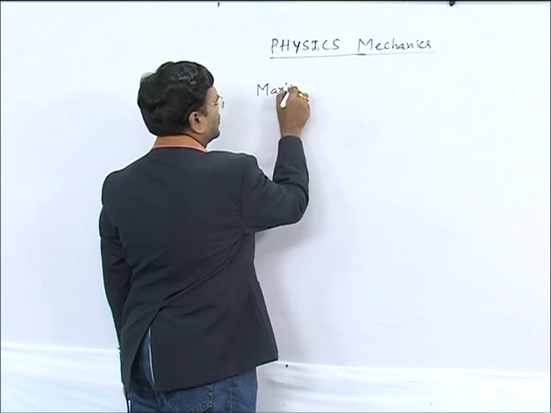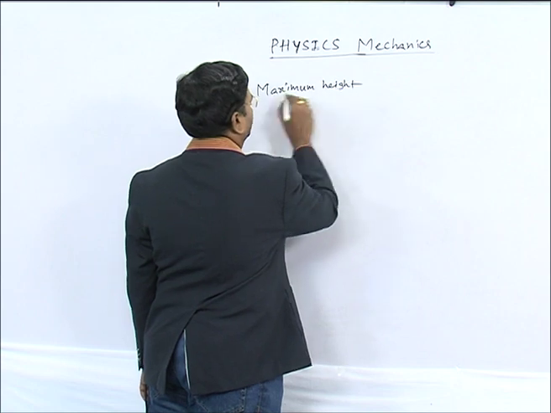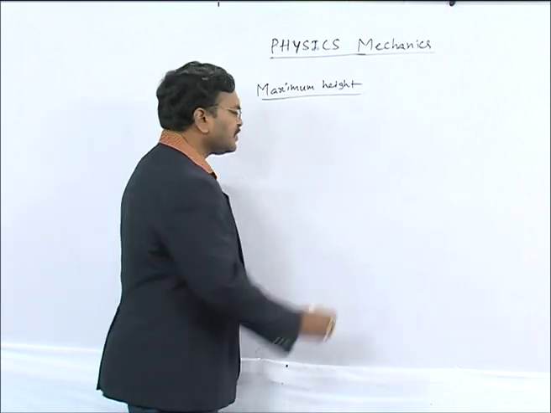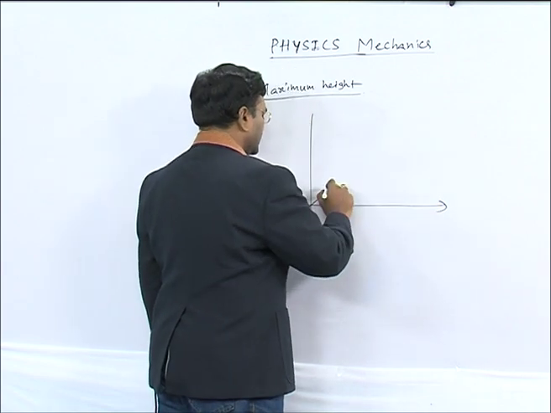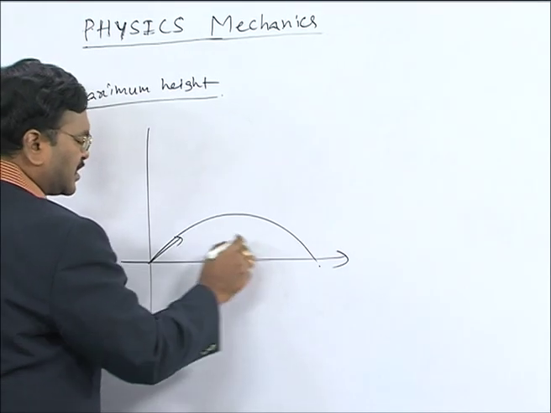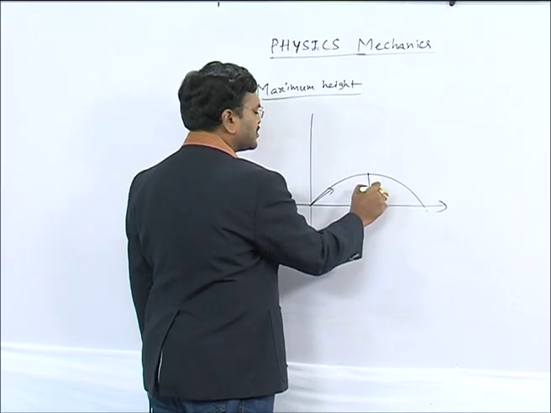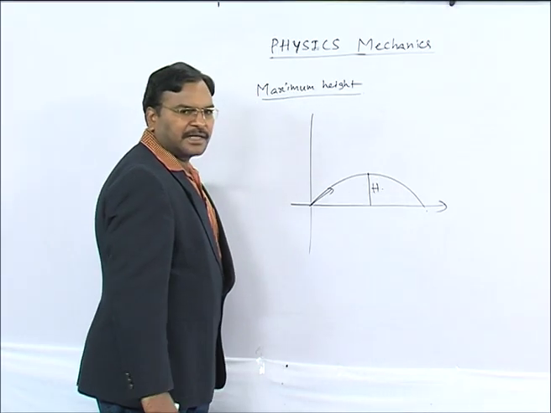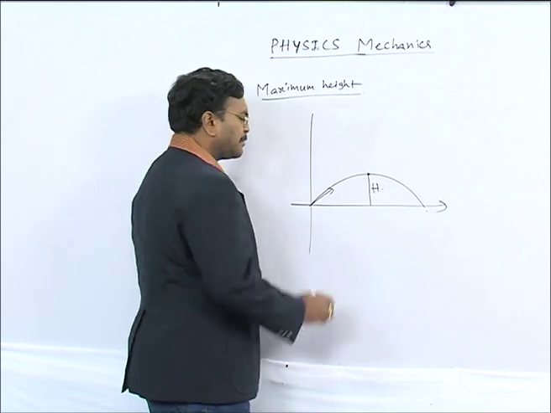Maximum height of a projectile. Already explained, the trajectory of a projectile is a parabola. Now maximum vertical distance travelled by the projectile is called what? Maximum height.